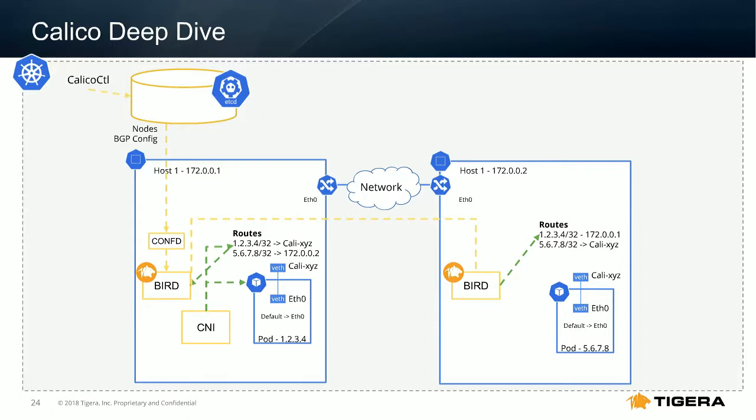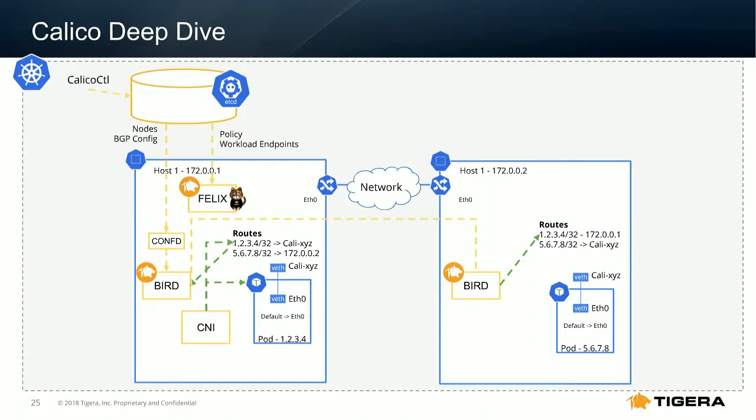So if the cluster is scaling up or scaling down, etcd is going to reflect those changes. Confd is going to watch that and push the changes into Bird. So if Bird needs to propagate routes to new hosts, it can do that.